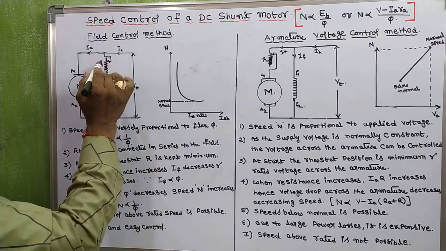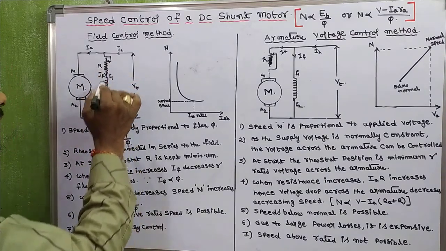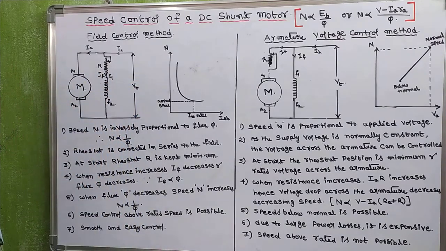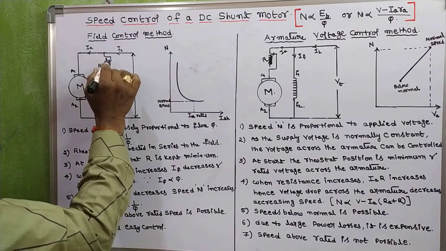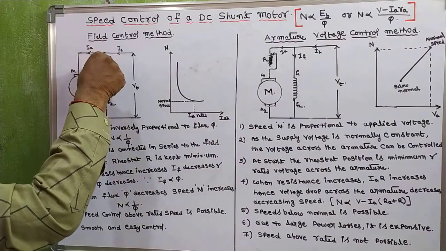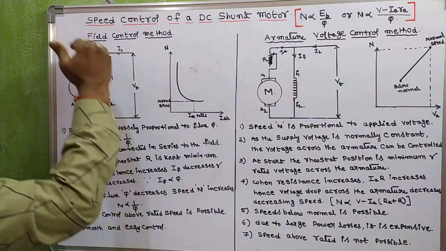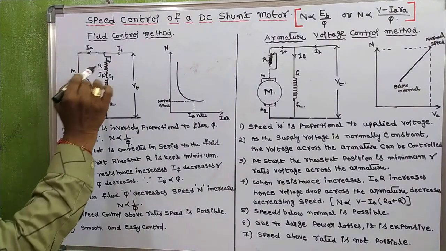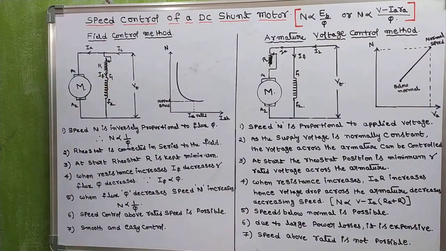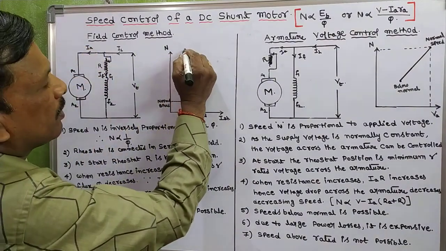So we use this rheostat, which is connected in series to the field, and initially the rheostat is at minimum position. When we increase the resistance from minimum to maximum, the resistance increases.